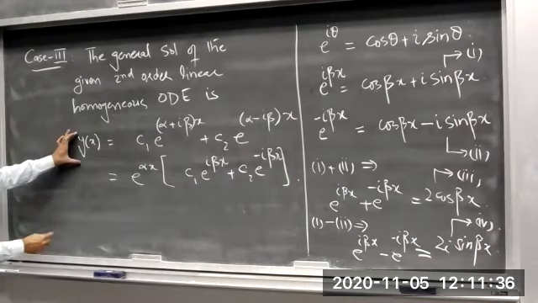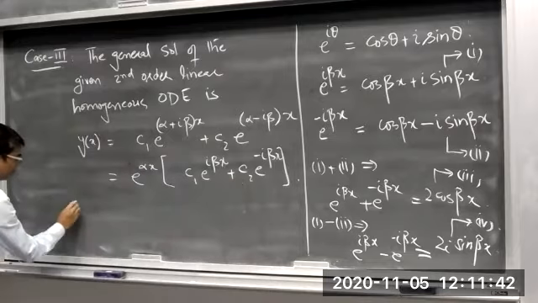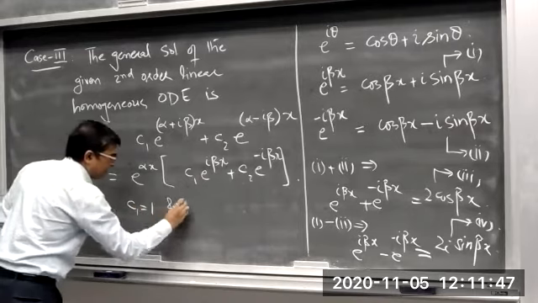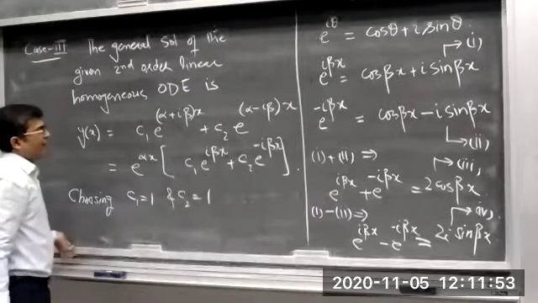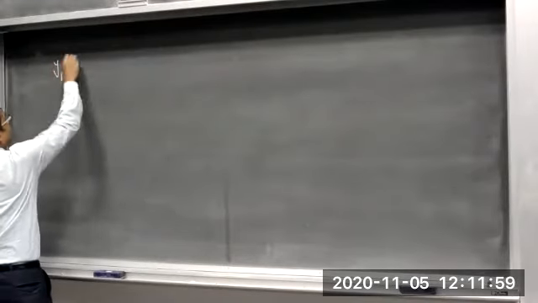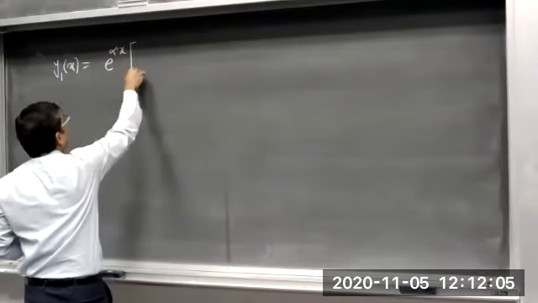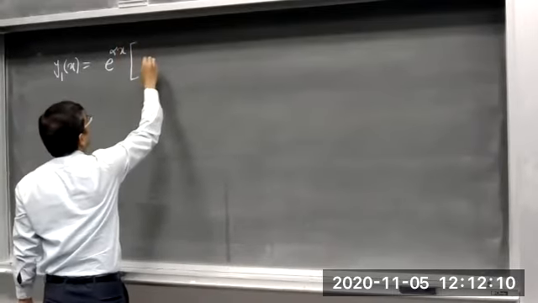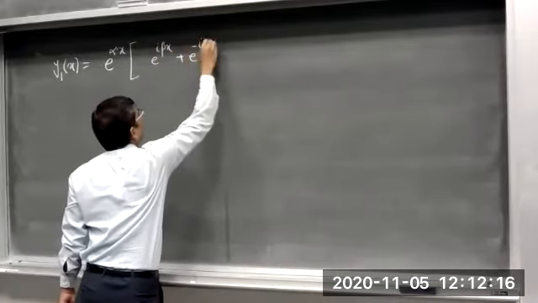Now, in this general solution, if we assume that C1 is 1 and C2 is 1, then this will give us the first solution, a particular solution, you can say, e raised power alpha x times, if you choose C1 and C2 both as 1, then we will get e raised power iota beta x plus e raised power minus iota beta x.